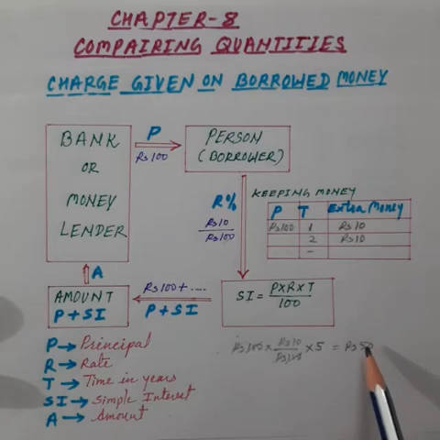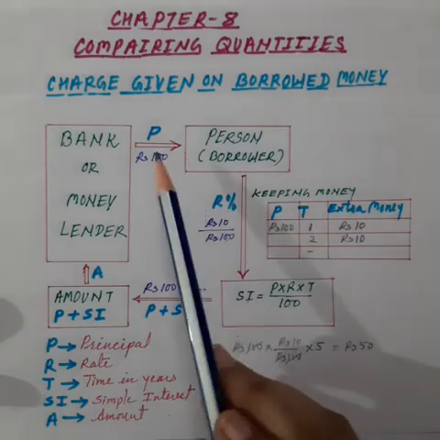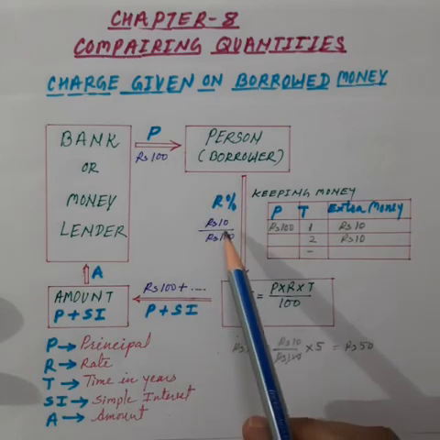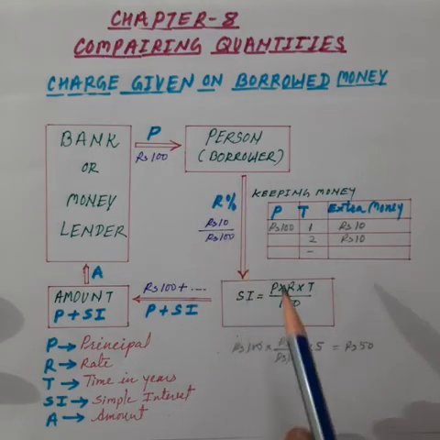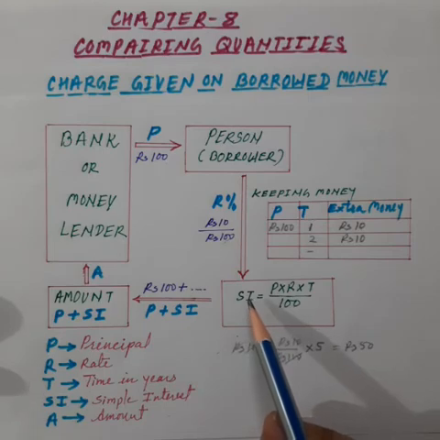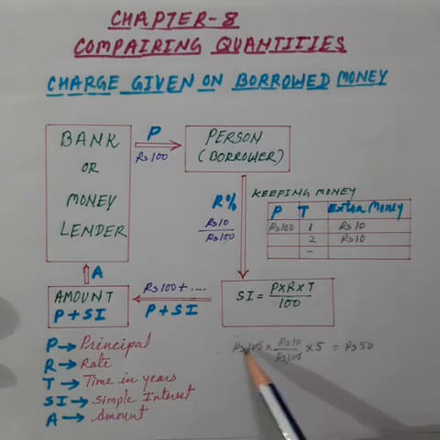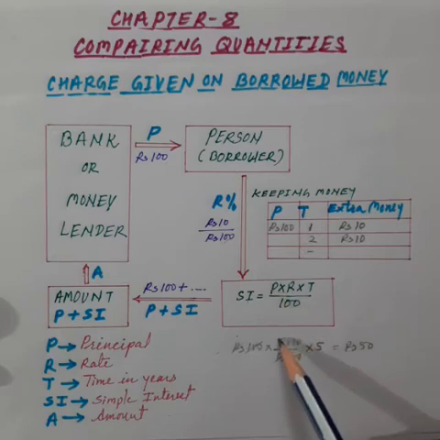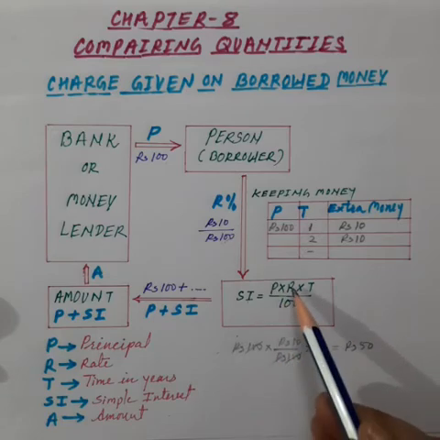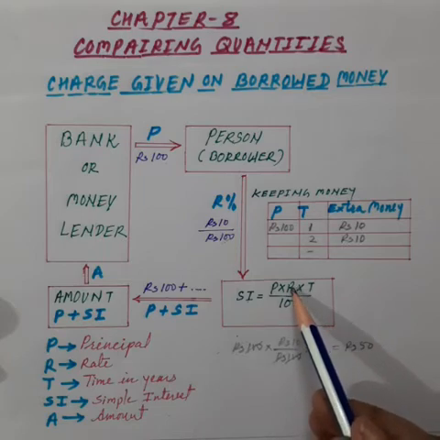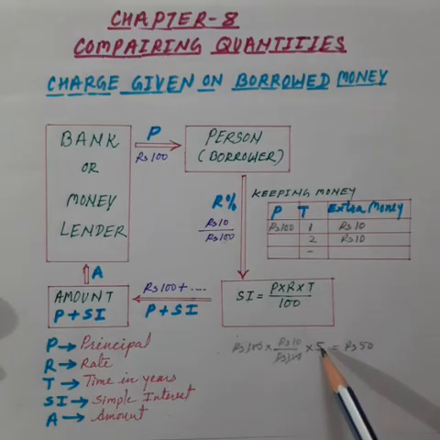This extra amount to be paid on the money borrowed at this rate percent is called simple interest. And here this 100 was the principal. This rupees 10 on rupees 100 for 1 year was the rate percent, and T is the time in years.